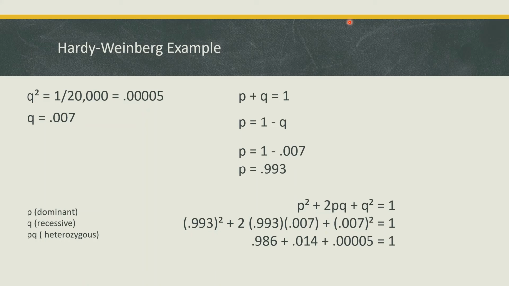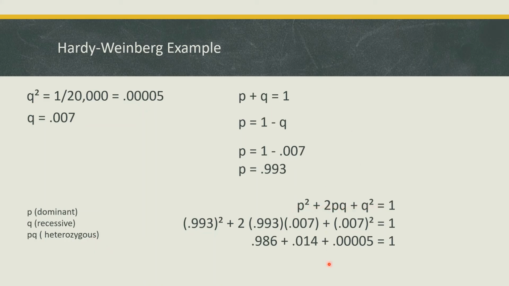Now that we know the individual frequency for the dominant P allele and the recessive allele, we can use the second Hardy-Weinberg equation to tell us the frequency for all three of the genotypes possible: dominant, recessive, and heterozygous. So let's go back to the equation for the three genotypes, P squared plus 2PQ plus Q squared equals 1.